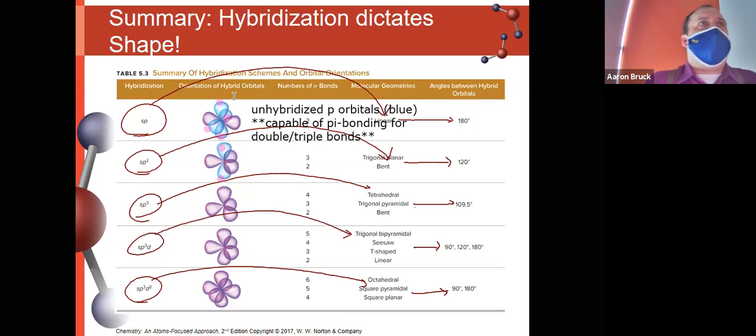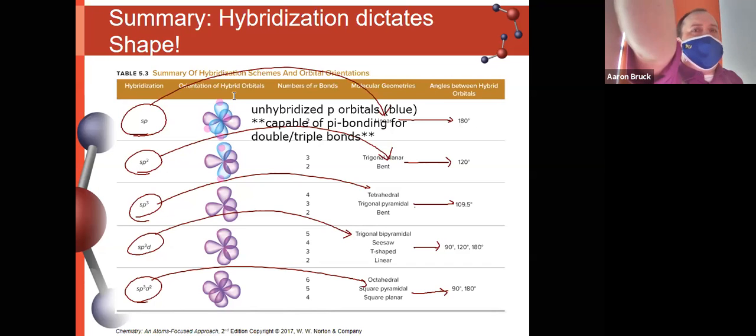So if we think about something like carbon dioxide, which has 2 double bonds in it, the linear shape comes from that sp hybridization. The carbon forms sp hybrid orbitals to make a sigma bond to one oxygen and a sigma bond to the other oxygen. On the carbon side, what we also see, however, is that one of its sets of p orbitals links up with one of the sets of p orbitals in the one oxygen to make a pi bond to give that double bond on the left-hand side.